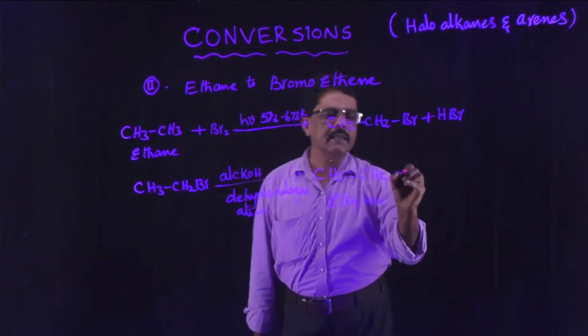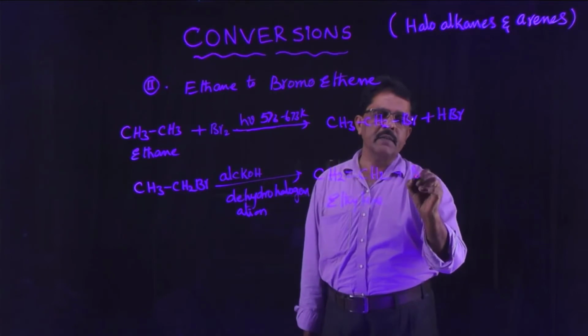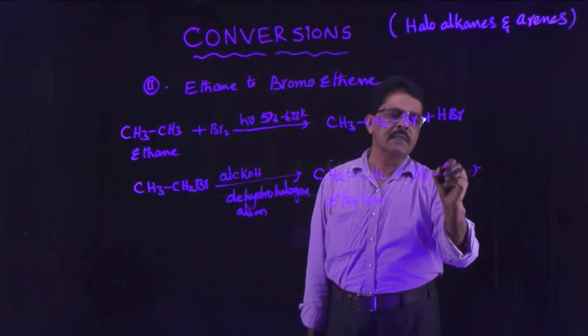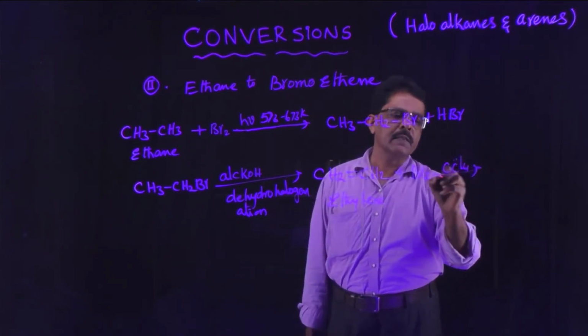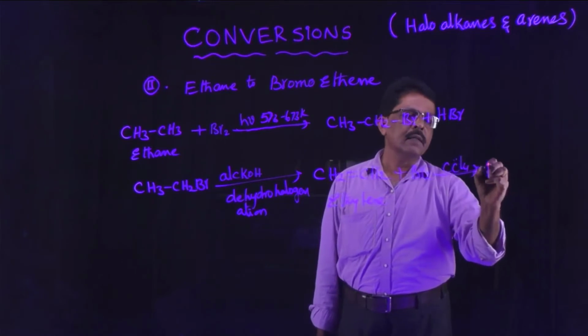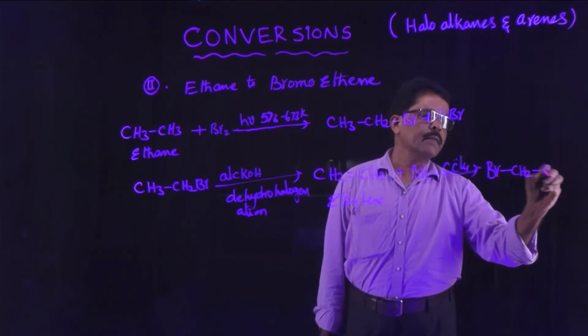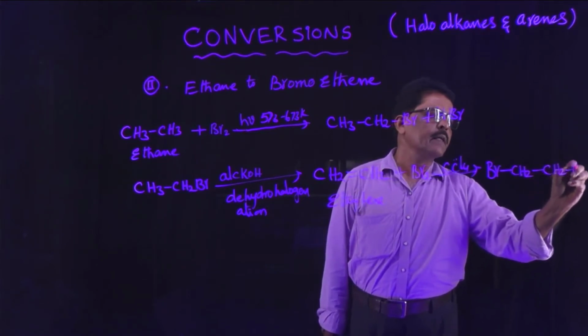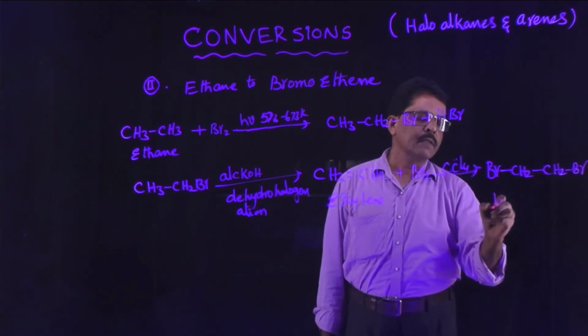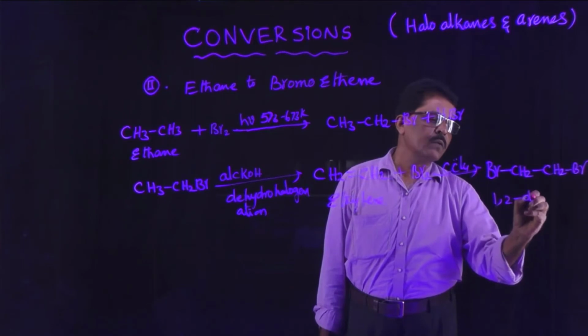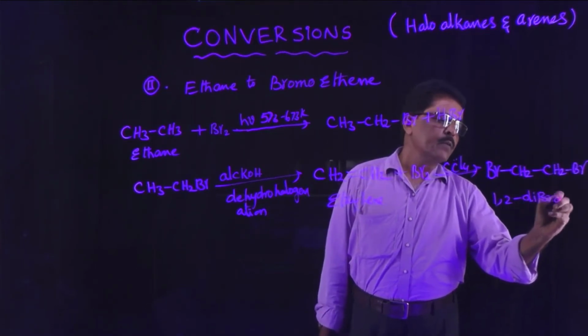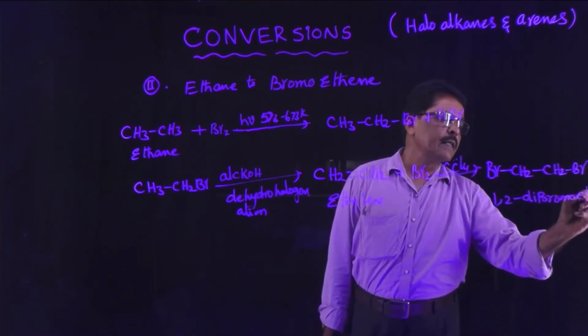This ethylene again reacts with bromine water in the presence of CCl4. Then you will get BrCH2-CH2Br. The name of this compound is 1,2-dibromoethane.